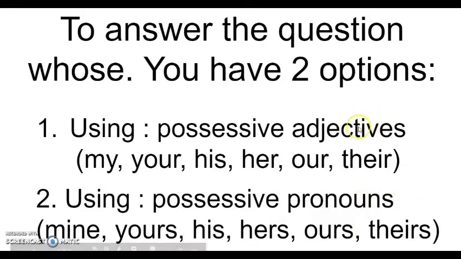They are different from the possessive adjectives. In possessive pronouns, we have mine, yours, his, hers, ours, and theirs. Pay attention to the S at the end of these possessive pronouns. It is different from the possessive adjectives.